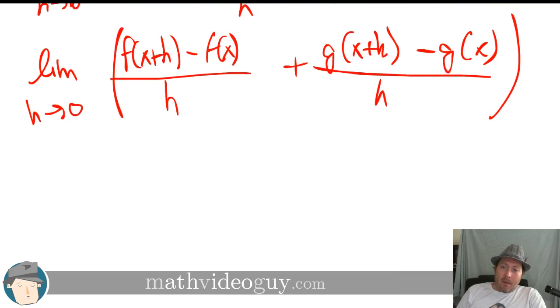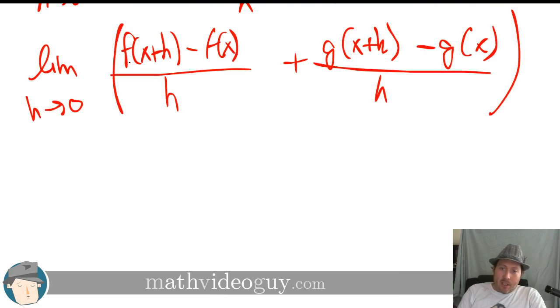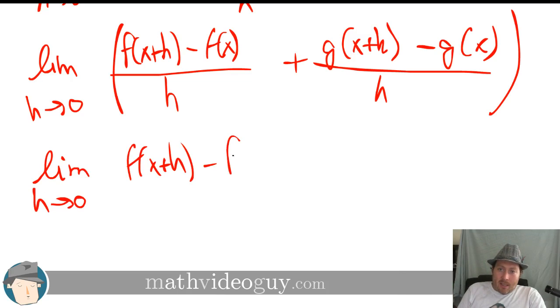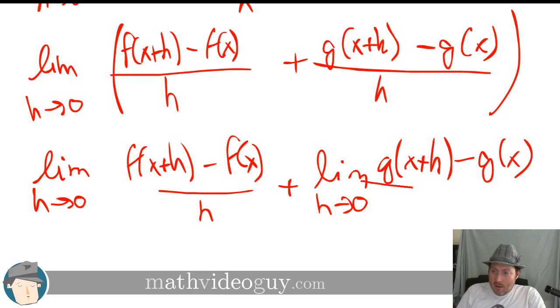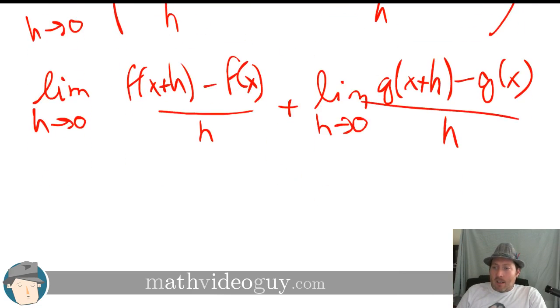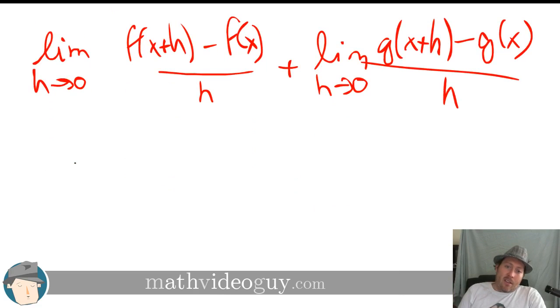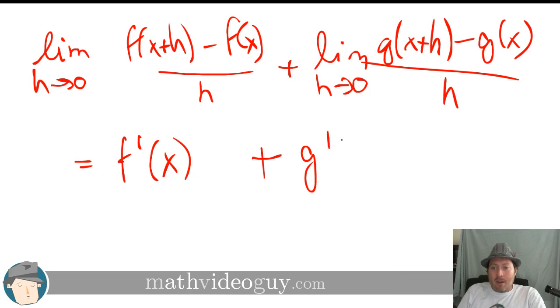And we can break up the limit because it's differentiable. These limits exist, so the limit of the sum is the sum of the limits. So we can say that that is going to be the limit of f of x plus h minus f of x divided by h plus the limit as h goes to 0 of g of x plus h minus g of x all over h. And magically we have that this is equal to f prime of x plus g prime of x. Yay.